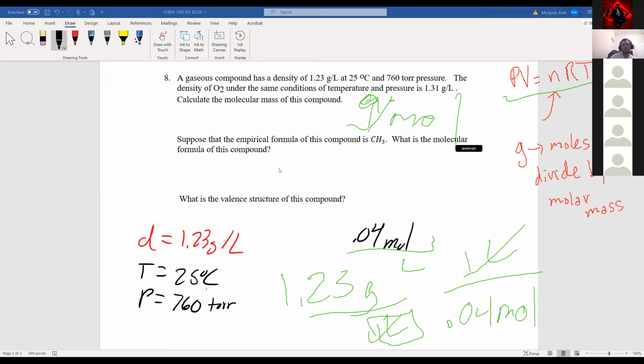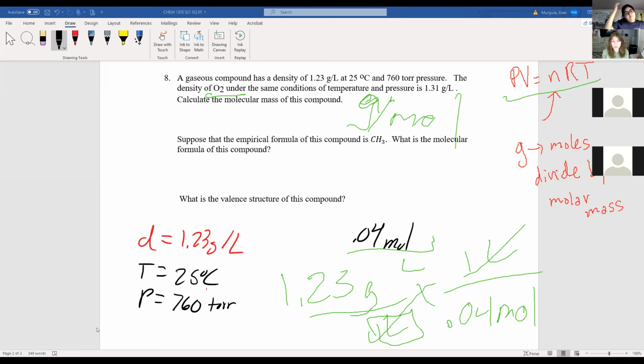After we found the moles per liter from the O2, we're going to use that 1.23 grams per liter and divide by the 0.04 moles per liter. So that will get rid of the liters. That way it's just grams per mole, the units. So with 1.23 divided by 0.04, what do you get for your molecular mass?